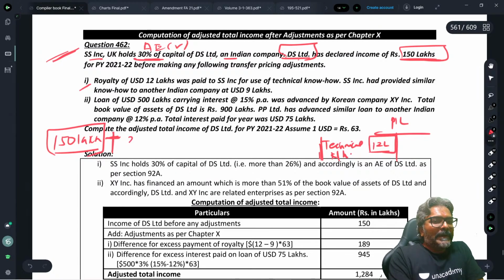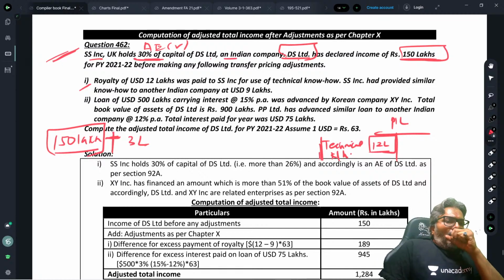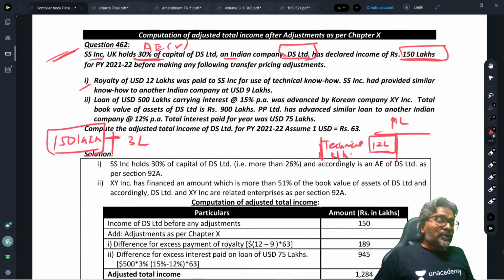So I need to add back 3 lakhs so as to bring the income to the ALP level. All of you agree to this one? So the income at the ALP level would be 153 lakhs after the first adjustment.